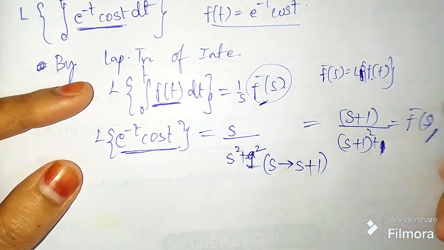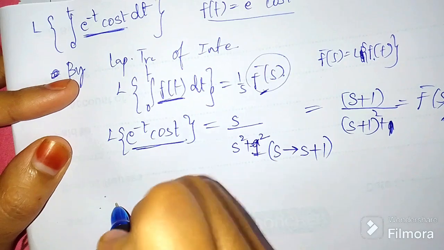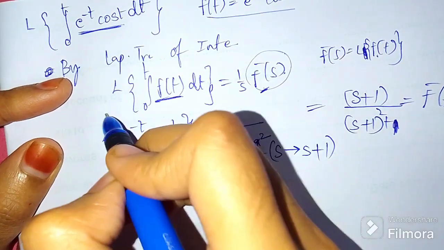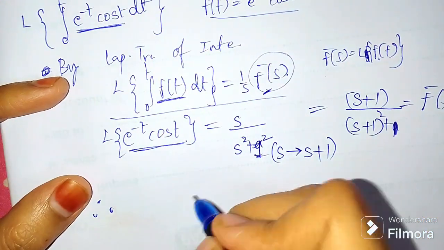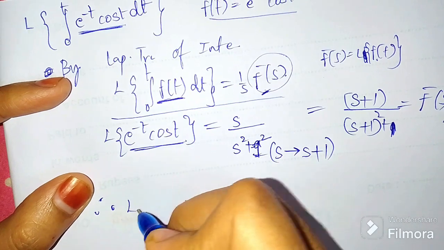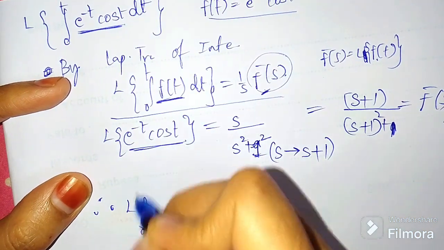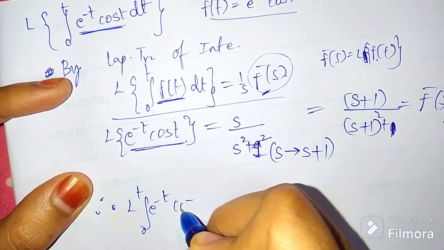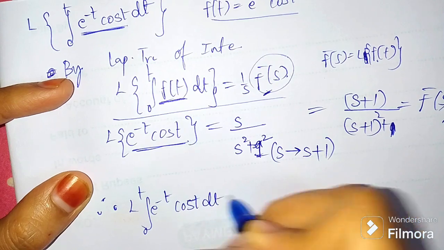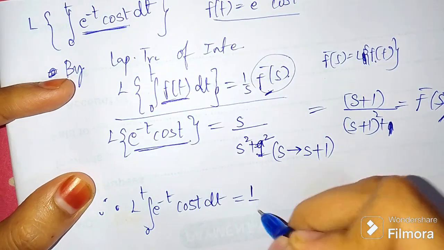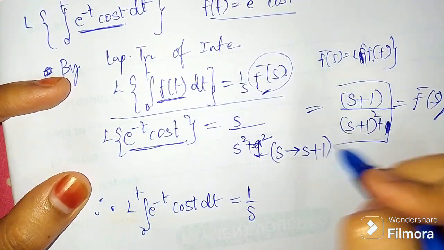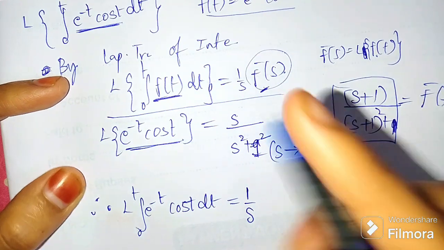Okay, so if you see, this will be my f bar of s. Therefore, you will write this line. Laplace of e power minus t cos t dt is equal to 1 by s into f bar of s, which is this.